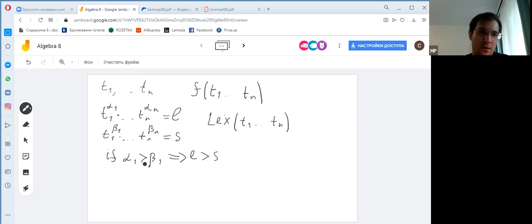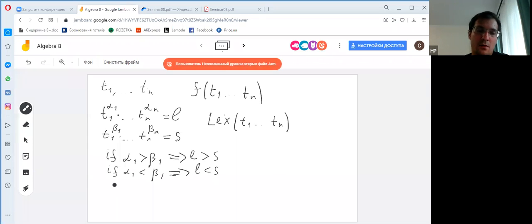So if alpha 1 is bigger than beta 1, then L is bigger than S. If alpha 1 is smaller than beta 1, then L is smaller than S. And if alpha 1 is equal to beta 1, then we consider the following.